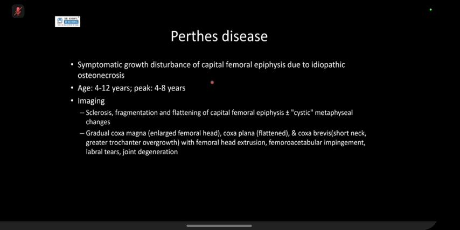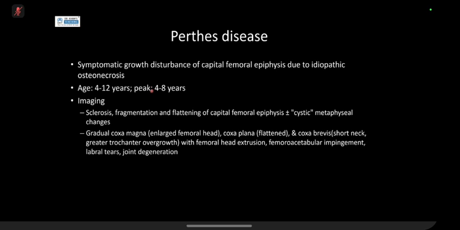As I said earlier, this is Perthes disease where you have flattening of the femoral epiphysis, and on imaging you get sclerosis, fragmentation, flattening, and then these cystic metaphyseal changes. With time you get enlargement of the femoral head, flattening, a very short neck or coxa brevis, and you can get femoral head extrusion, FAI, labral tears, everything consequent to that.